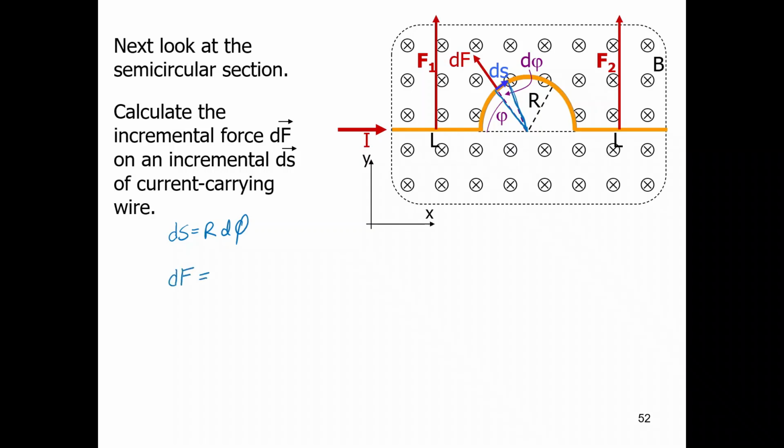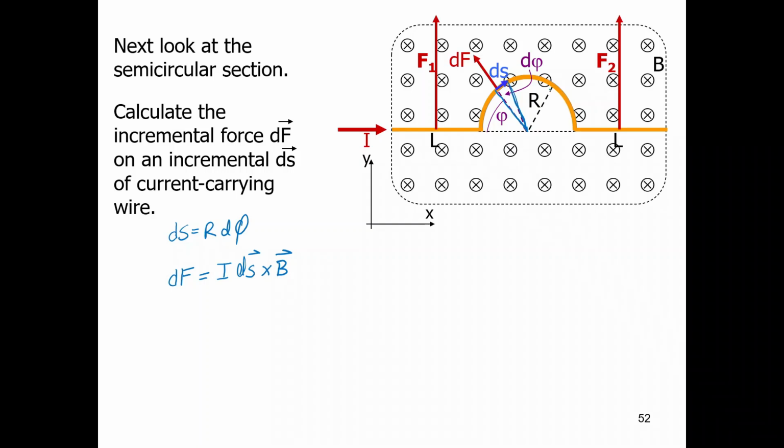dF is going to equal I, because our I is constant, and then it is going to be dL or dS, I'll just keep with dS right here, cross B, for that one little tiny section. You can use your right hand rule for that section and see that your thumb is going to be pointing up and to the left where that dF is.